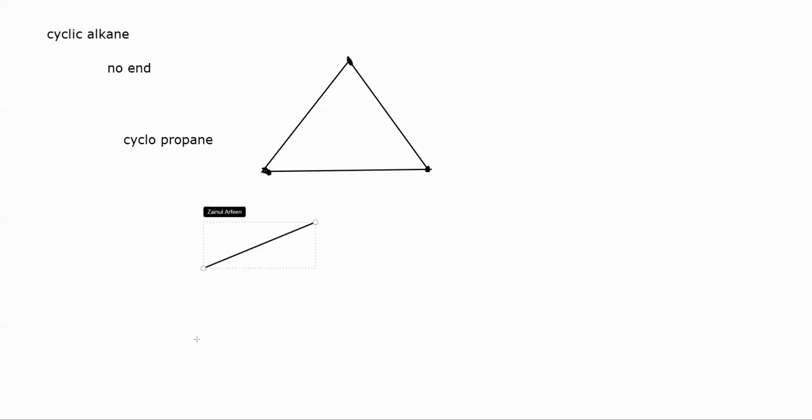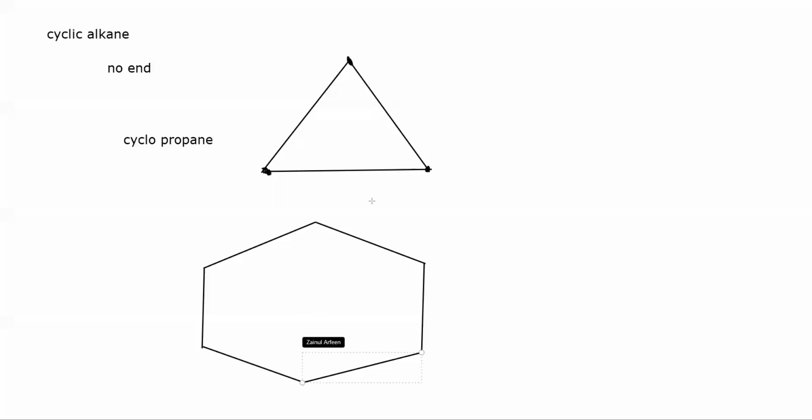What is the name of this compound? No, the cyclic is not ending in yne. For an alkyne, when a carbon-carbon triple bond is there, that is ending in yne. The cyclic alkane also ends in ane.